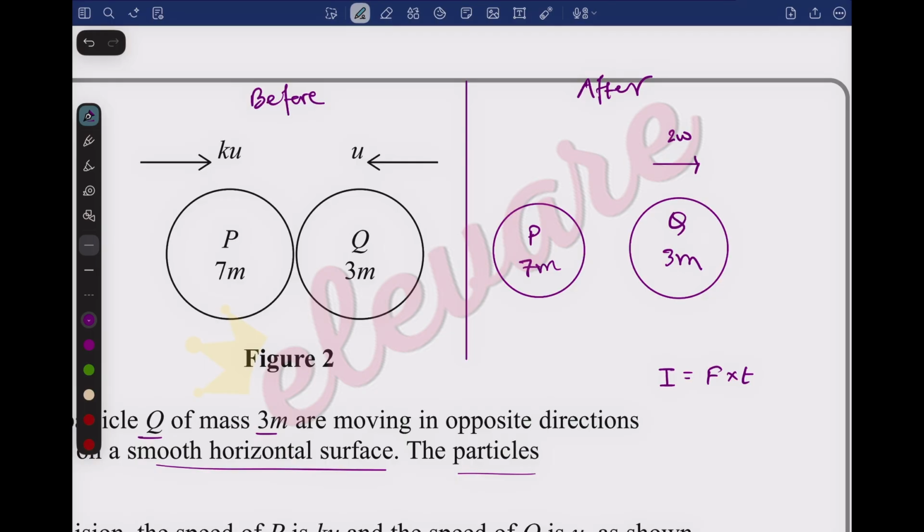Okay, and the force is the force exerted between the two colliding particles. This is one formula, and the other formula that we have is impulse being the change in momentum, okay? So delta P, or in other words, mv minus mu. Final momentum minus the initial momentum, that is the change in momentum.